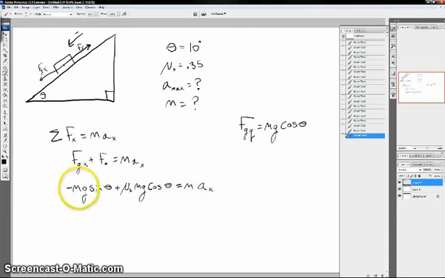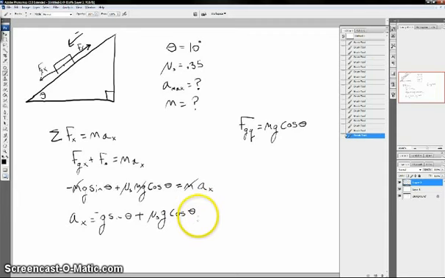So again, you can see the mass of the truck doesn't matter because I can just divide it out from the equation, and I'll get the acceleration in the x direction is equal to negative gravity times sine theta, plus the coefficient of static friction times gravity times cosine theta.